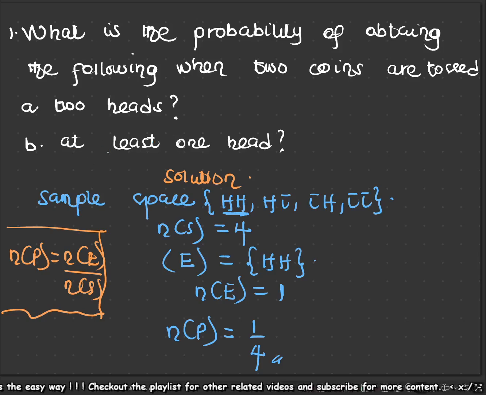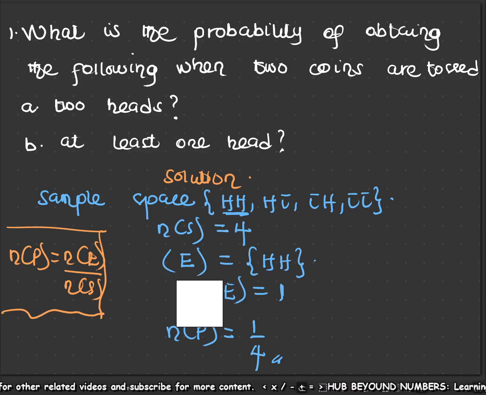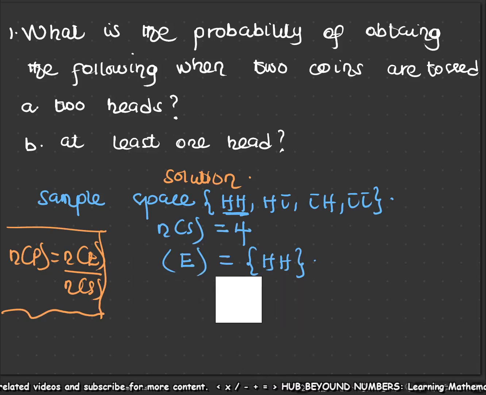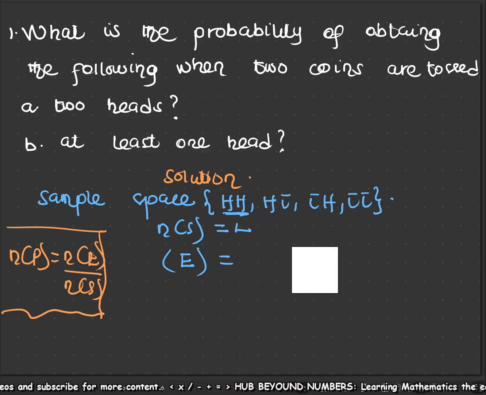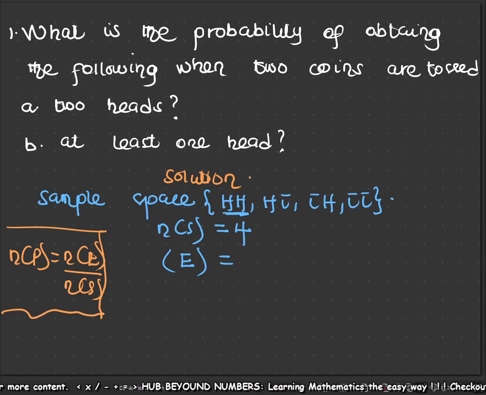Let's look into the next one. It says, what's the probability of obtaining at least one head? At least what? One head. So with that now, we can clean all of this. And then take note, at least one head here has a meaning, right?